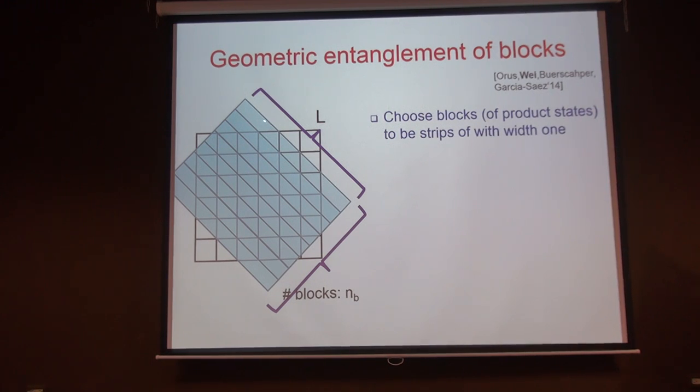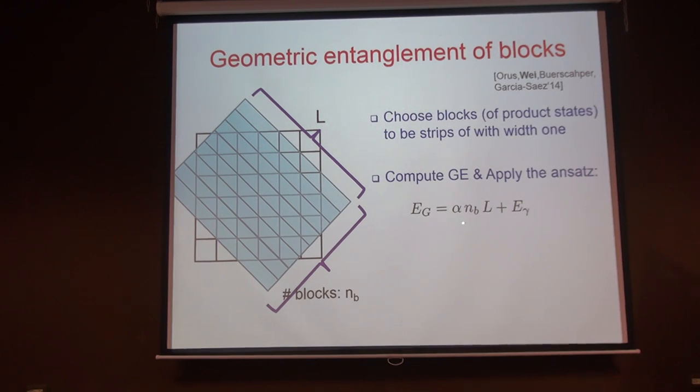So we choose somewhat like a zigzag, and this another zigzag, etc. We'll call this one block, another block, and so on. So this is the length, and this is the number of blocks.